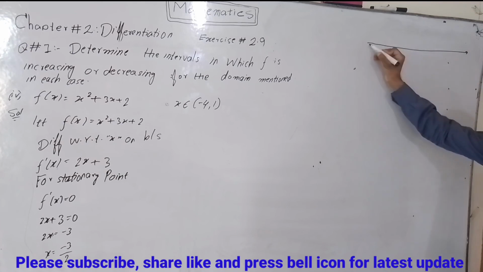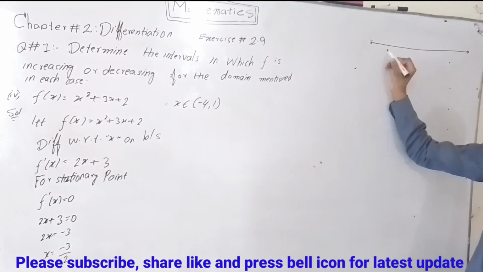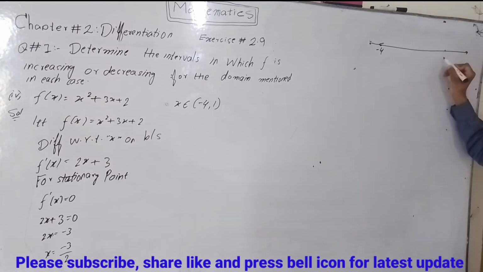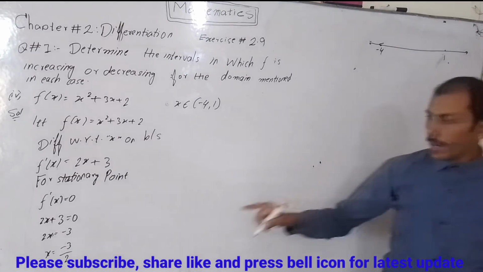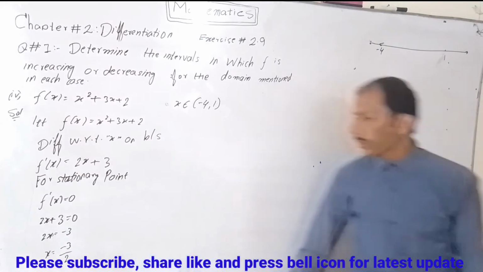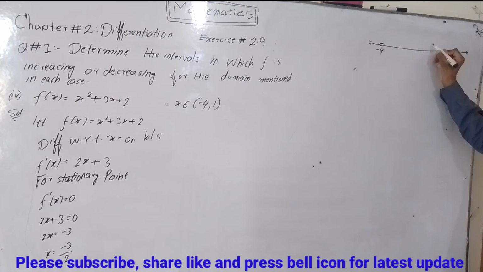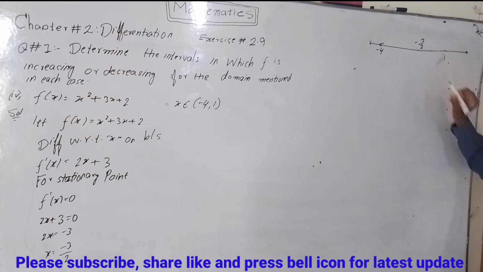On the real line with domain minus 4 to 1, mark x equal to minus 3 over 2 as a point.